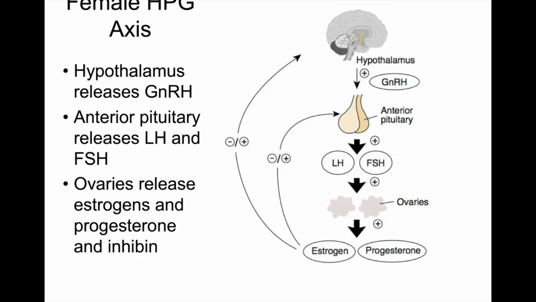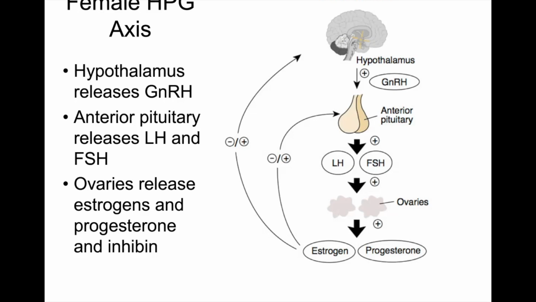One big difference between the HPG axis in males and females is how feedback regulation occurs. In males, you have a much simpler form of negative feedback, which is more the stereotypical example of what we've studied from the first week of class, a simple negative feedback.